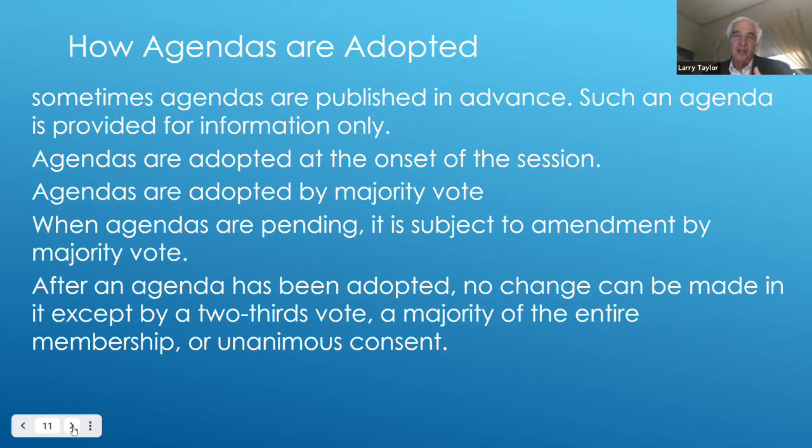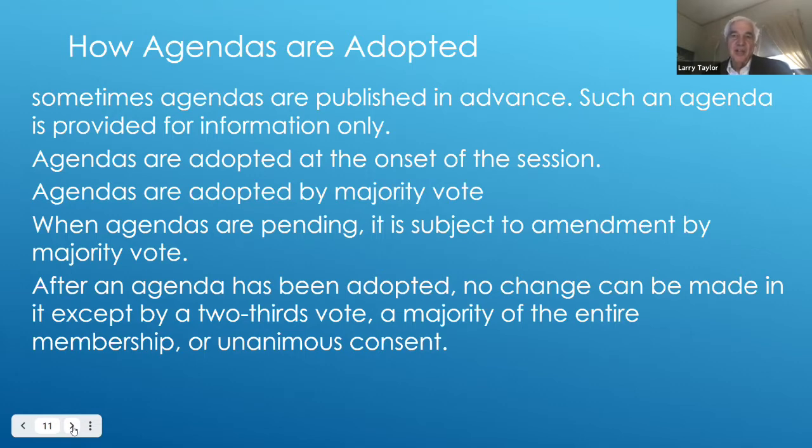And of course, you adopt the agenda at the onset of the session, and what this is basically is a majority of the members of the organization saying, yes, this is how we are going to spend the next 90 minutes or however long the meeting is, and we've agreed to this being how we're going to spend our time. They are adopted by a majority vote.